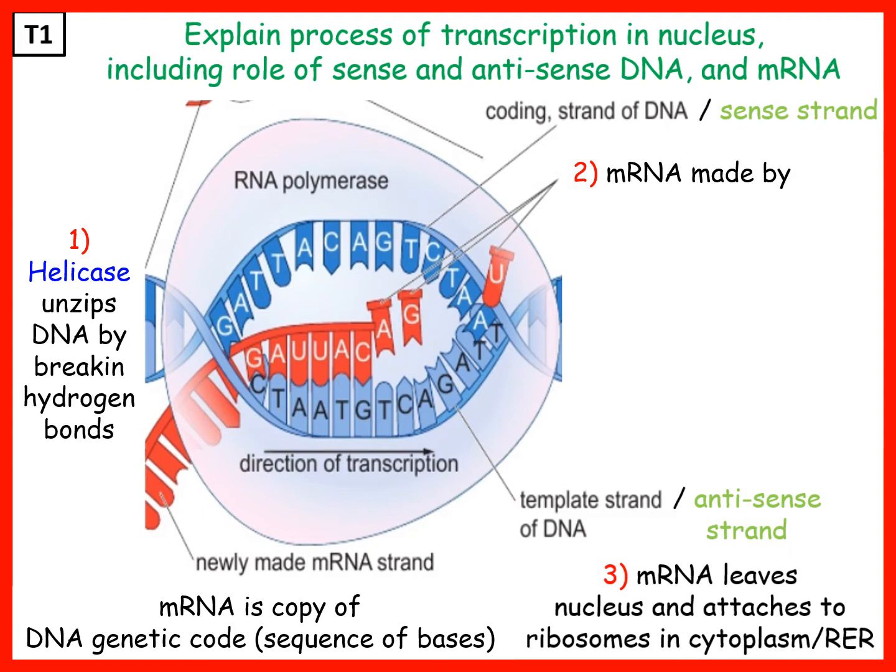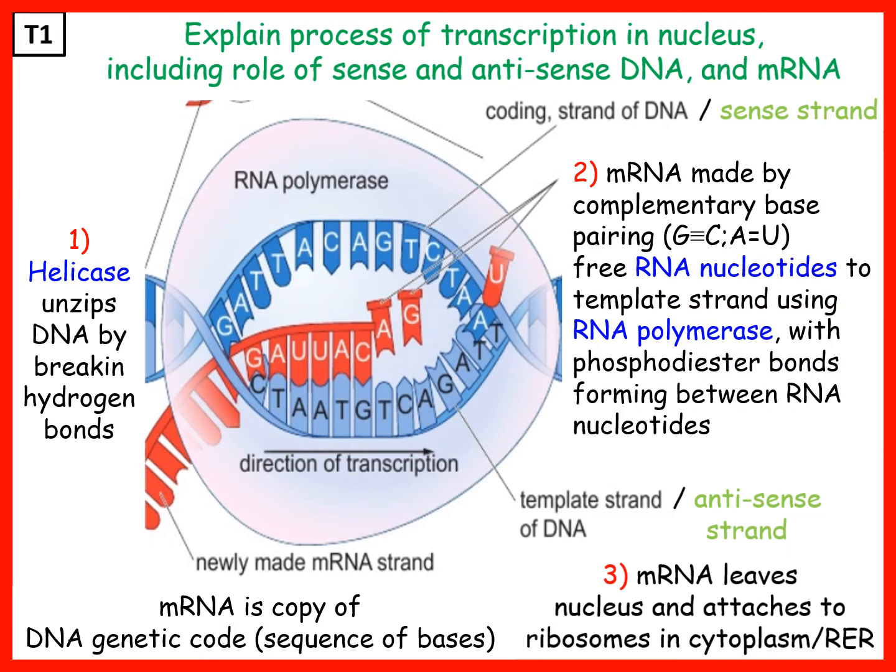You then use the template strand to produce the mRNA, and this requires the use of RNA polymerase. The mRNA is made by complementary base pairing RNA nucleotides to the template strand.